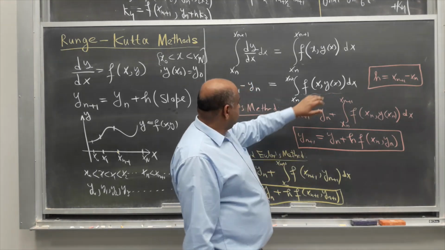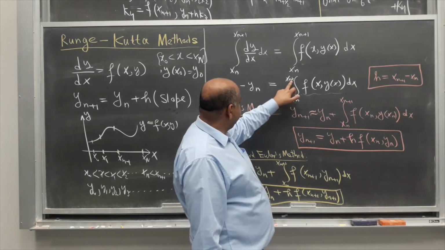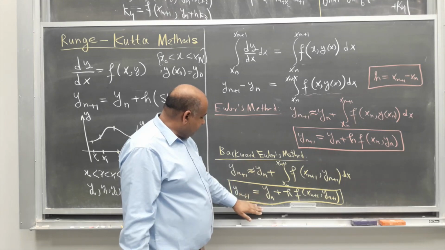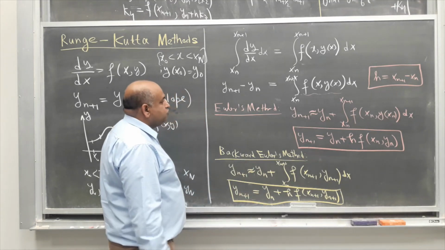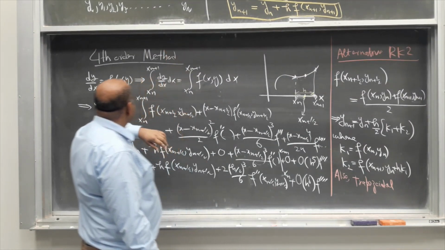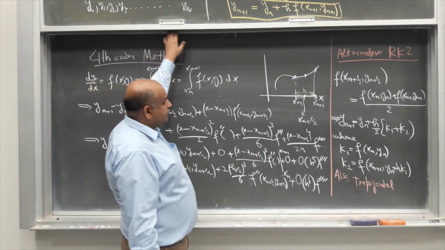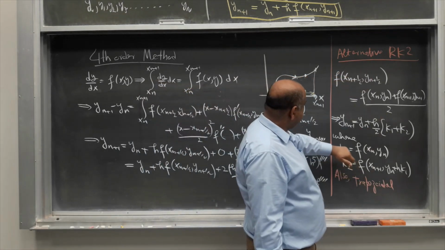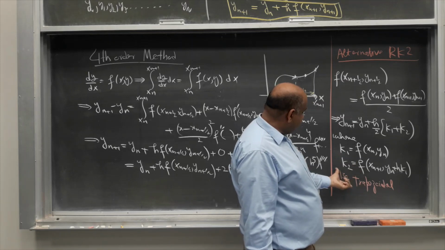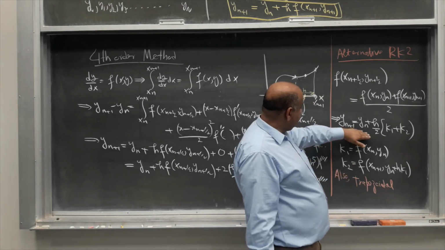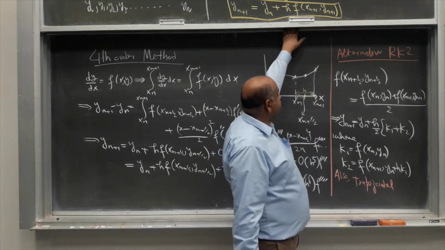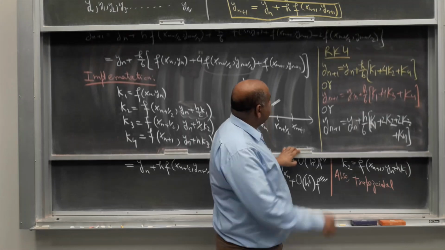If we use the approximation of this function at the next point, y_{n+1}, we get the backward Euler method. And if we use two terms in the Taylor series around the middle point, we get this RK2 method. So this actually had two implementations. This one is the trapezoidal implementation, where we use y_n plus h by 2 into k1 plus k2, and then we had another implementation that was listed here.